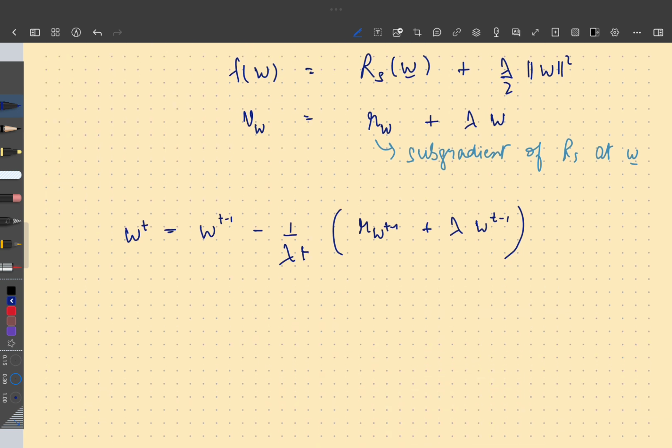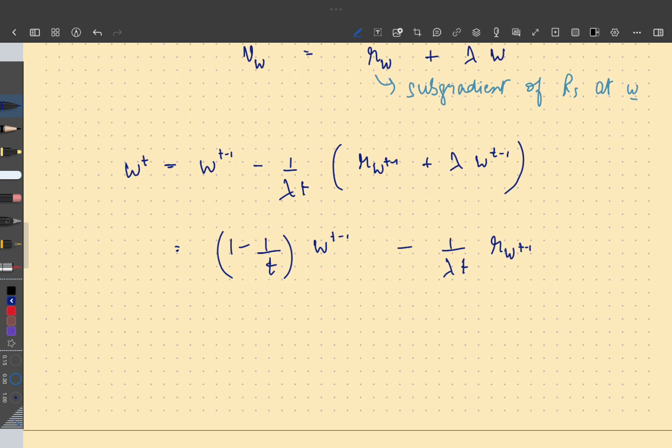If I combine the terms that have w_{t-1}, I get 1 minus 1 by t times w_{t-1} minus 1 by lambda t times r of w_{t-1}. I'll write this as t minus 1 by t times w_{t-1} minus 1 over lambda t times r of w_{t-1}.